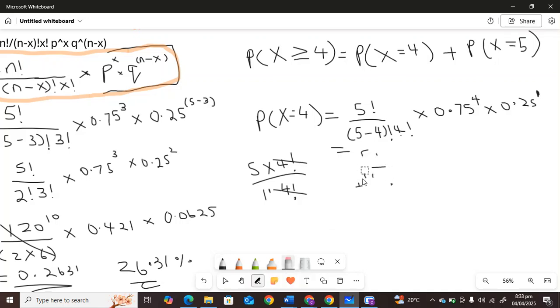So when we simplify 5 factorial over 1 factorial, 4 factorial, your answer comes down to 5. Are we all okay with how I did that? Okay. On your calculator, what is 0.75 to the power 4?